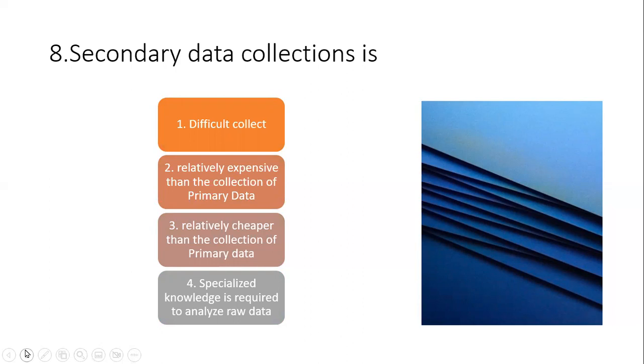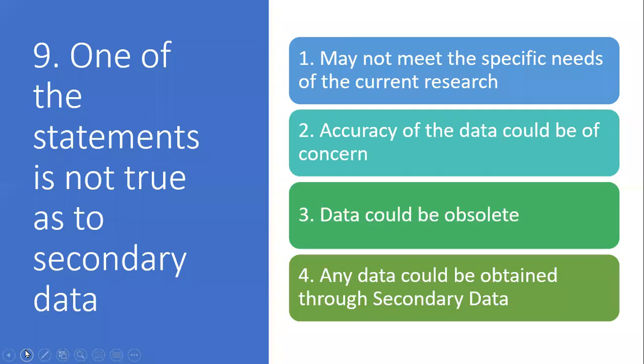So they are with you, right? It's not very expensive to access them. Sometimes there is no cost, it is already there. But for a primary data collection, you need to do research on your own. That is expensive. Therefore, secondary data collection is relatively cheaper than the collection of primary data. Therefore, number 3 is the correct answer.